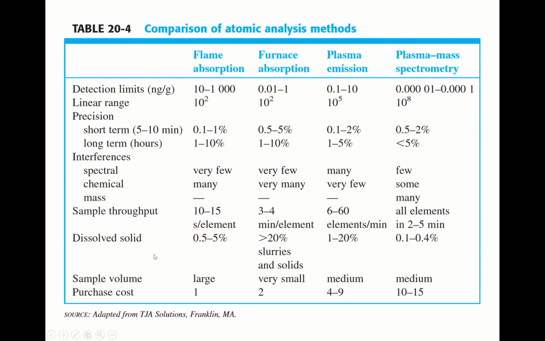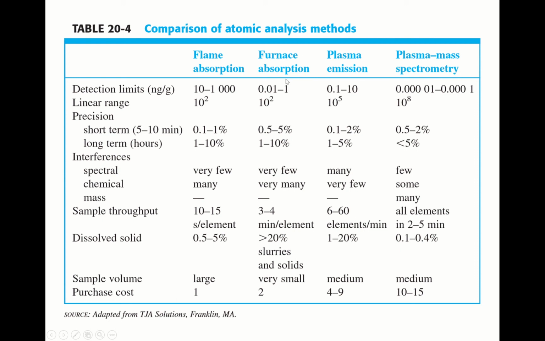Dissolved solid here. For furnace absorption, the dissolved solid tolerance is higher. But in plasma mass spectrometry, it has a very low percentage. And sample volume: you need a large volume of sample for flame absorption.